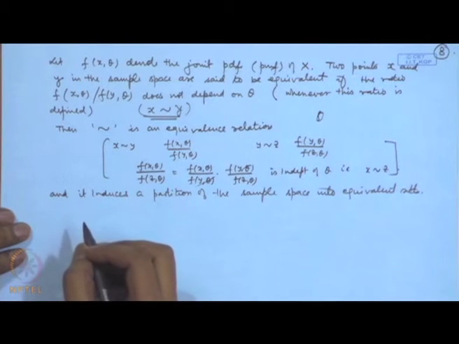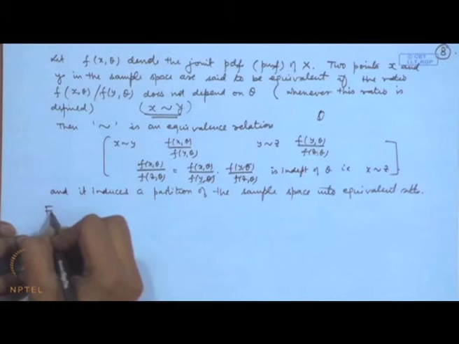That means, if I consider one set in this partition class, then within that class all the points will be equivalent, and if I take two different partition sets, then the points in them will not be equivalent.